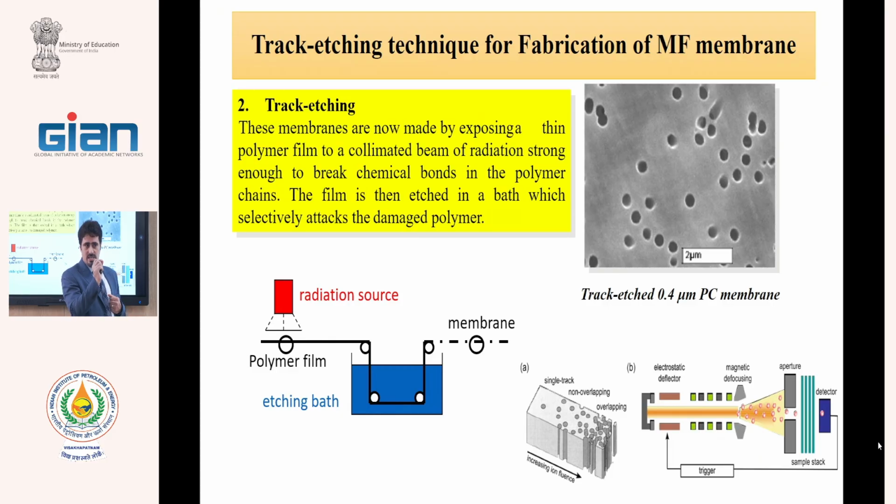With irradiation, the molecular weight of the polymer is reduced in the irradiated area, and this area can be dissolved in the solvent, and the other area cannot. Therefore, with irradiation, we destroy some of the polymer in this area, and this area can be easily dissolved in the solvent, and the other area cannot, and therefore we produce pores.